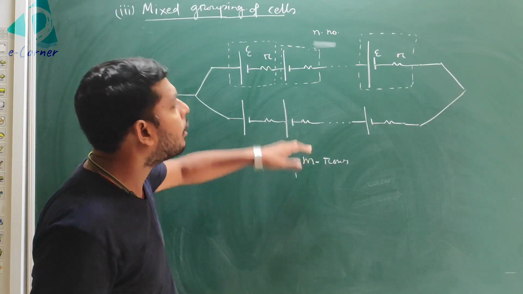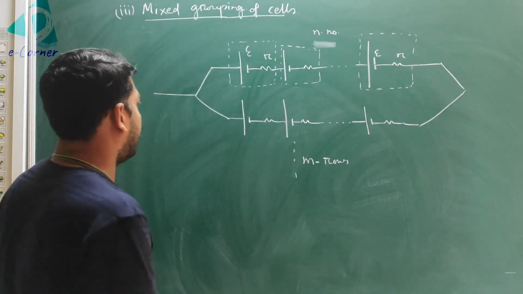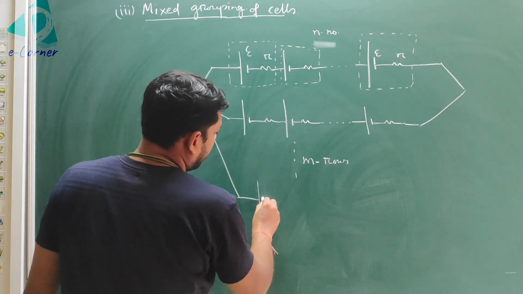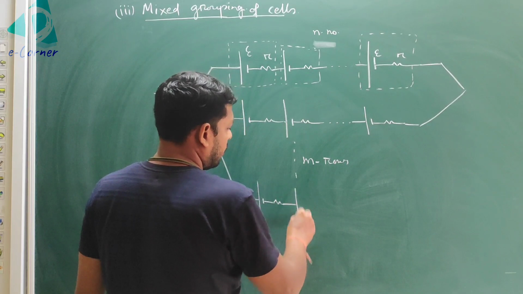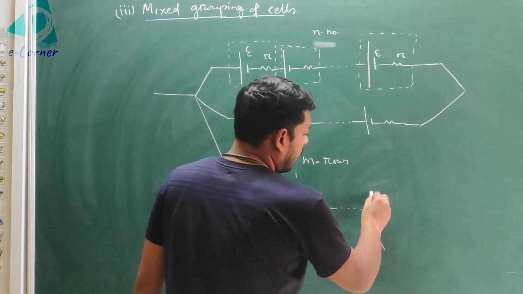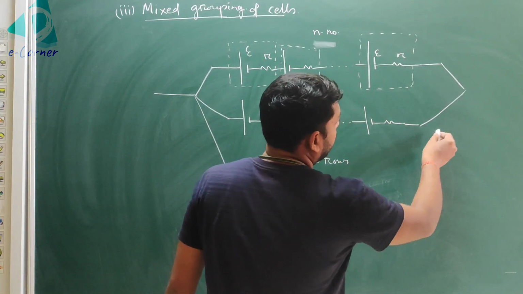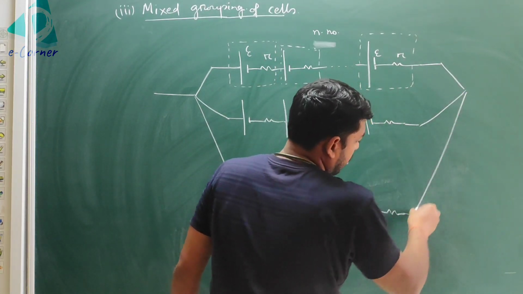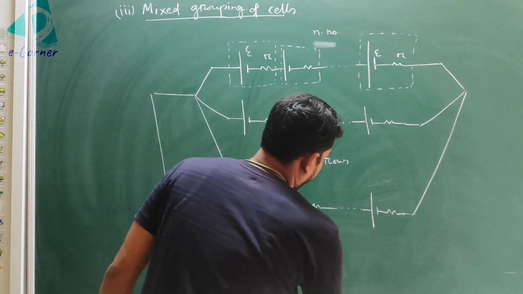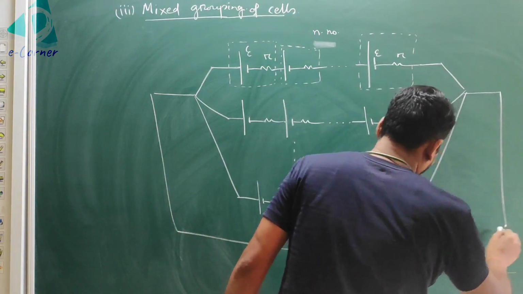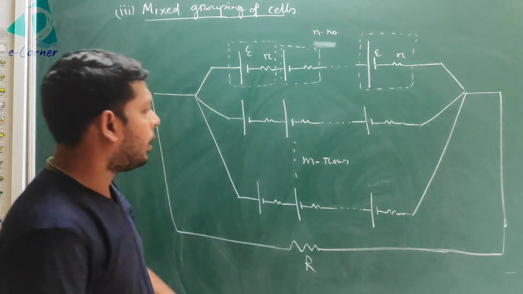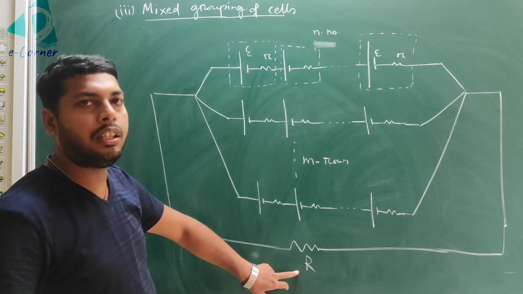That means m number of parallel branches we are considering here. This is the first one, this is the second one, this is the last one. All are connected in parallel, and all these are connected to an external resistance R.